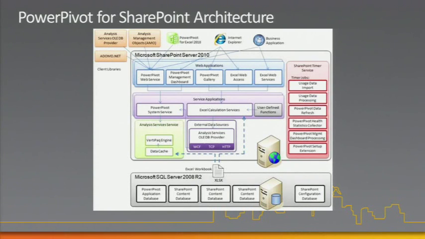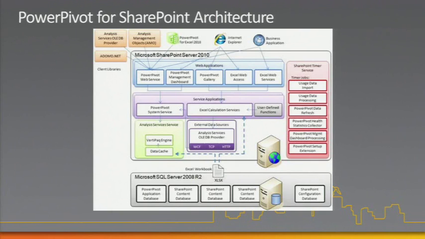So I think one of the big things that people are looking at Power Pivot for is, how do I do an end run around my IT department? Right? And if it's just some analyst that's creating the Power Pivot workbook and refreshing on his own and then giving it to his buddy, okay.